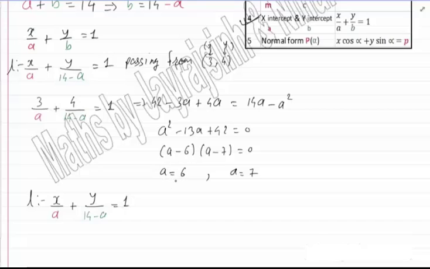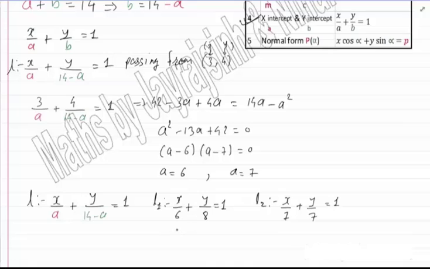So for a equal to 6, we get x upon 6 plus y upon 8 is equal to 1, and for a equal to 7, we get another line, x upon 7 plus y upon 7 is equal to 1.